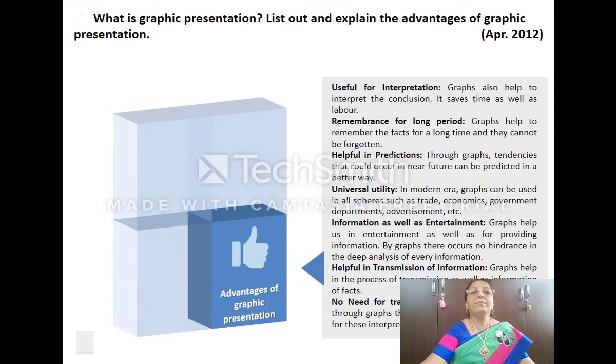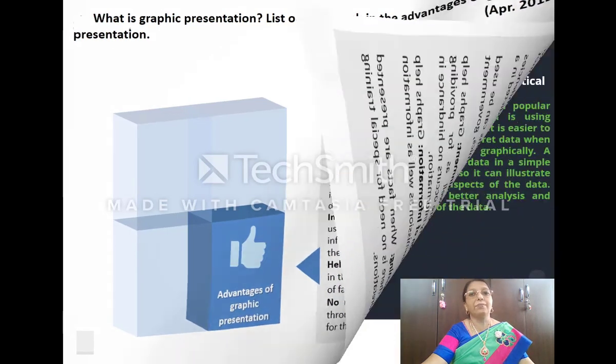Now, the advantages of graphic representation. It's useful for interpretation. It has a memorizing effect for a long period, and helps in predicting the future. It is universally utilized, used for entertainment, and helps in transmission of information, and there is no special training needed for interpreting graphs.